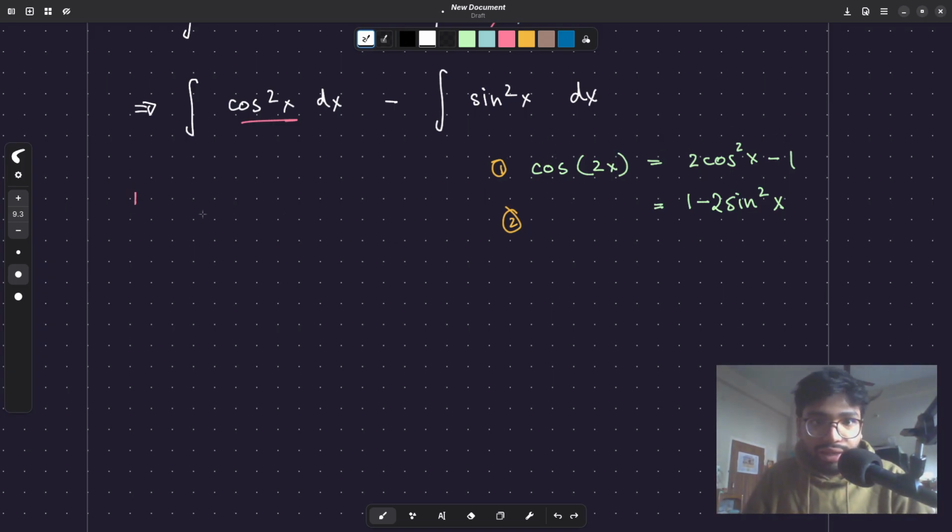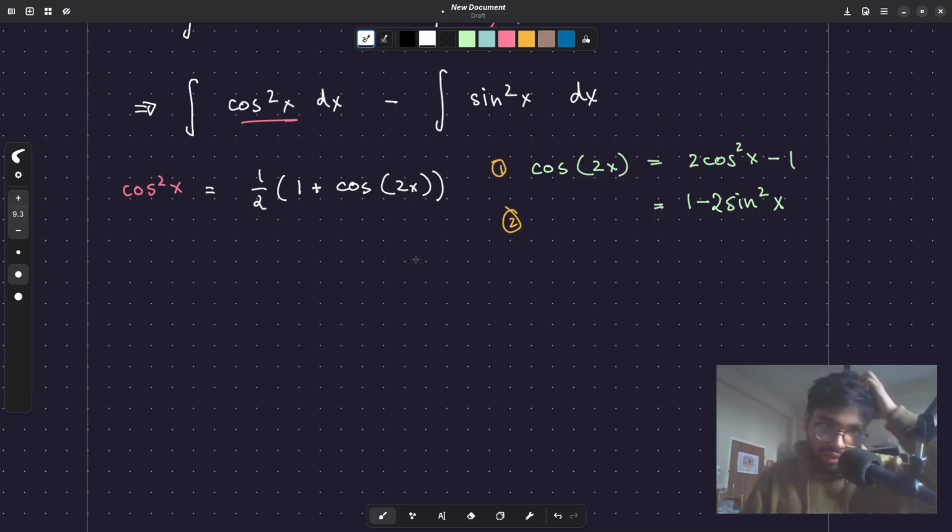So that will give us cosine square x equal to one half times 1 plus cosine of 2x. This is the simplification for cosine square x.